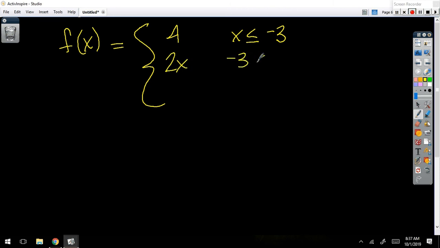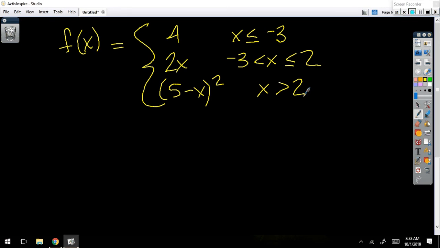Does it matter how many pieces I have? And analyze it. Look at what kind of functions you have.